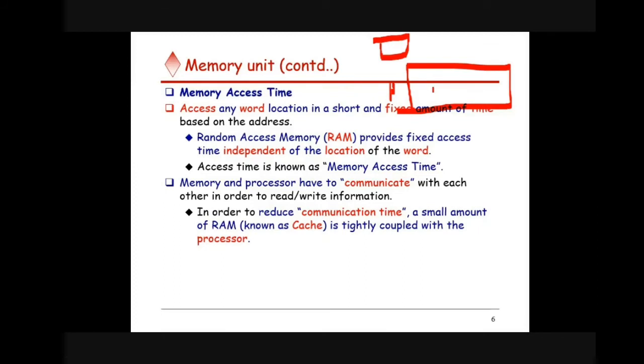So the access time will be less for that memory, but the access time for accessing content from the separate memory unit will be high compared to the registers or cache memory present inside the processor. That is the content of this slide. You can see the communication time of cache is less compared to the separate memory block inside the system.